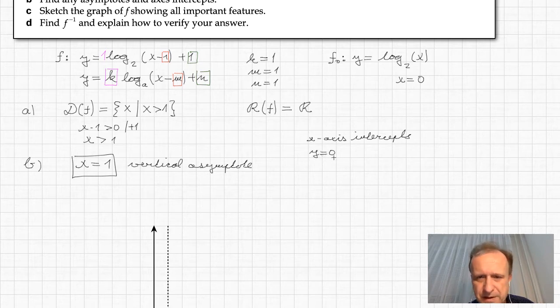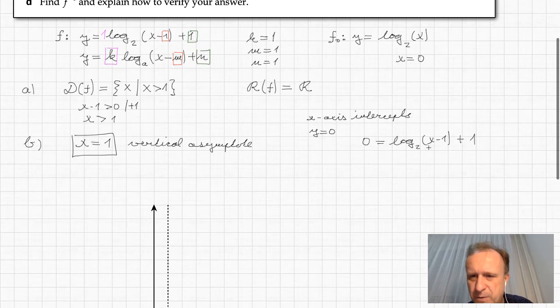So let me substitute 0 for y into the formula of the function. So the formula was y equals logarithm in base 2 and so on. So I substitute 0 for y and I get logarithm in base 2 of (x minus 1) plus 1. Okay, so now I want to find the corresponding value of x, which corresponds to this x-axis intercept.